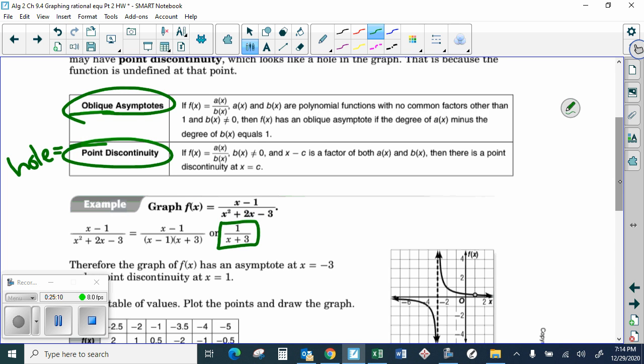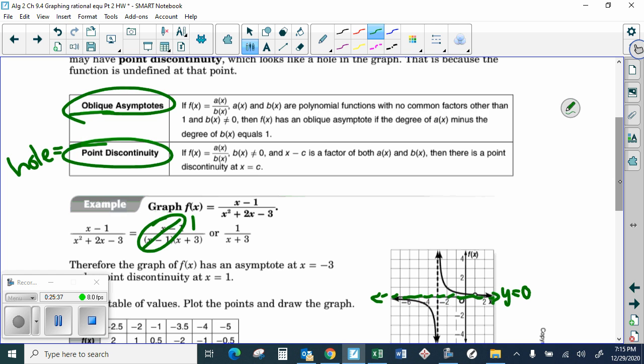Okay, so again, the first thing you do is factor numerator and denominator. You see you have a cancel, so that's a hole there at x equals 1. Hole at x equals 1. You're left with 1 over x minus 3. Since the numerator's degree is less than the denominator's, it's automatically a horizontal asymptote at y equals 0. So I want to see the dash so you know that it's a horizontal asymptote at y equals 0.